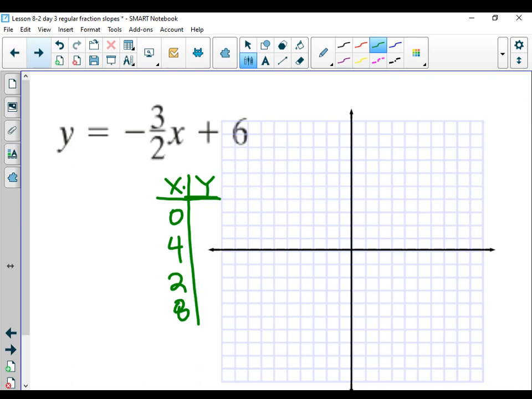Should we do 4 or just 3? Just 3 of those, yes. So I heard 4 good options. You only need 3 of those options. 3 halves times 0 plus 6. 6. 0 is so nice to us.